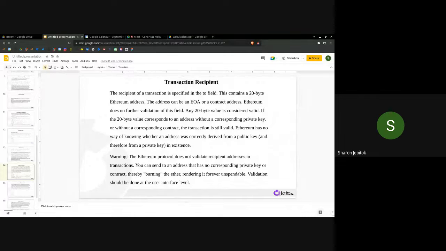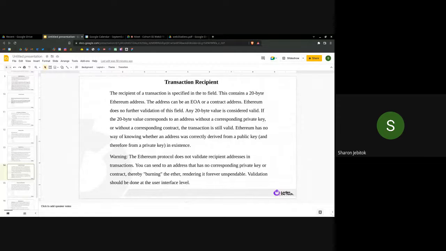Let's say if there are excess NFTs, the creators might decide to burn a given number. It's like dispersing. So if you're trying to send Ether, just make sure that you validate. Try to counter check it before confirming the transaction that you're sending to the right person.